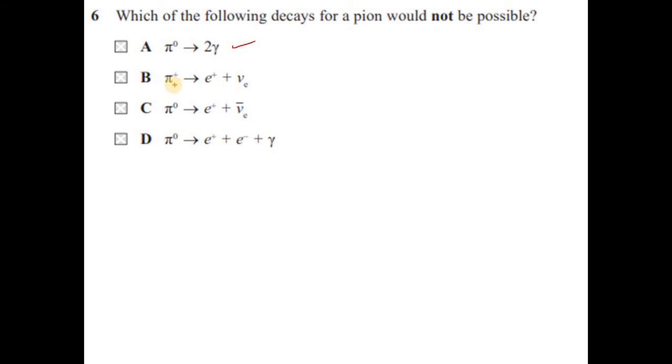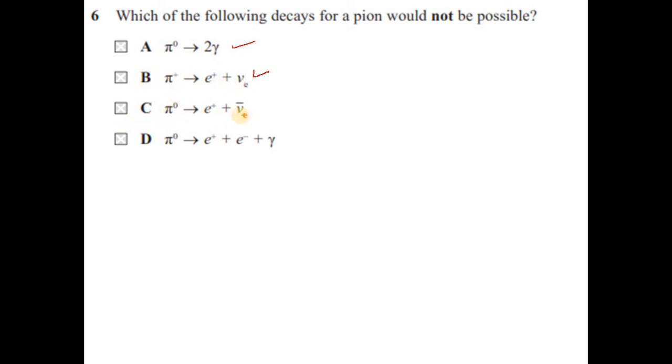Pi plus to e plus, this is also possible because charge is conserved and lepton number is conserved. This is an antiparticle, this is the anti-electron, and this is the electron neutrino. So yes, B is possible.